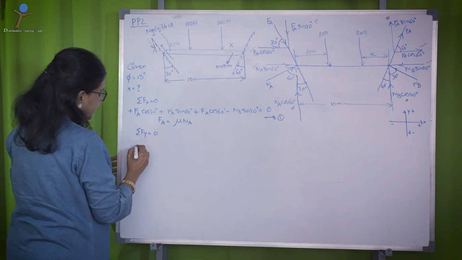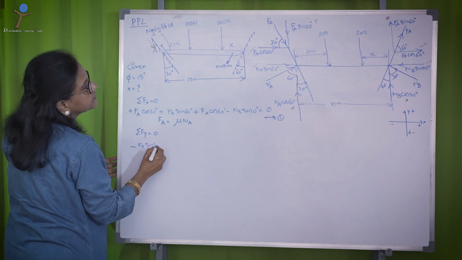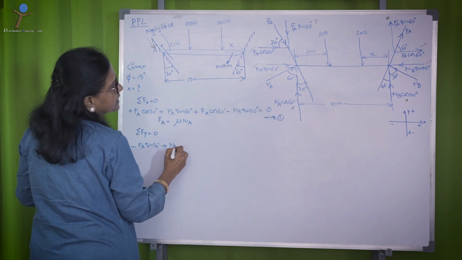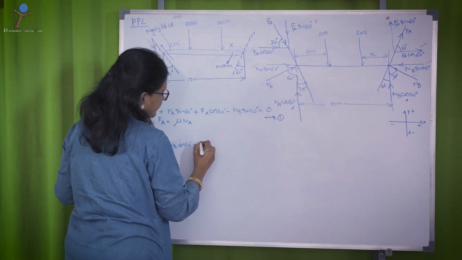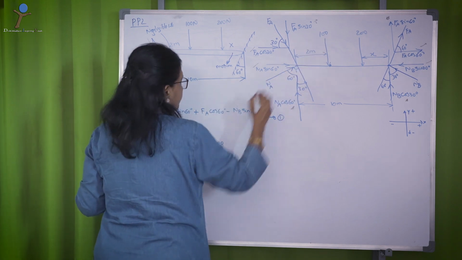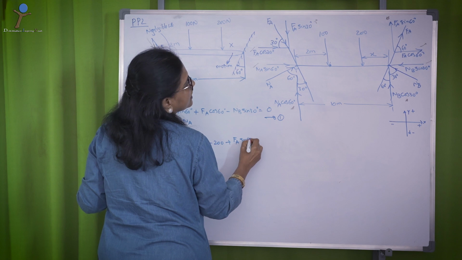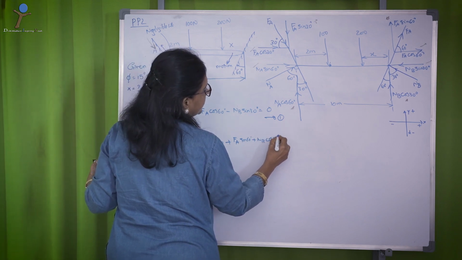It is in downward direction. So, minus FA sin 30, upward direction plus NA cos 60, this one minus 100 minus 200 plus FB sin 60 plus NB cos 30 equal to 0.